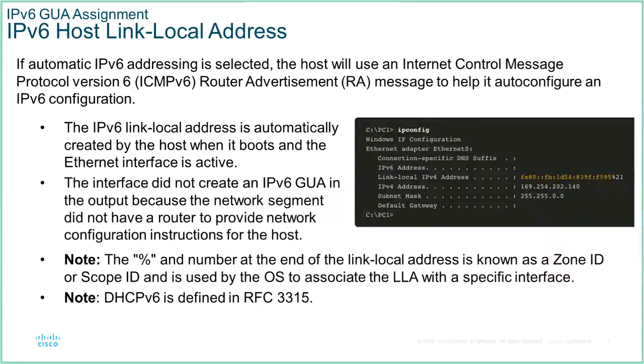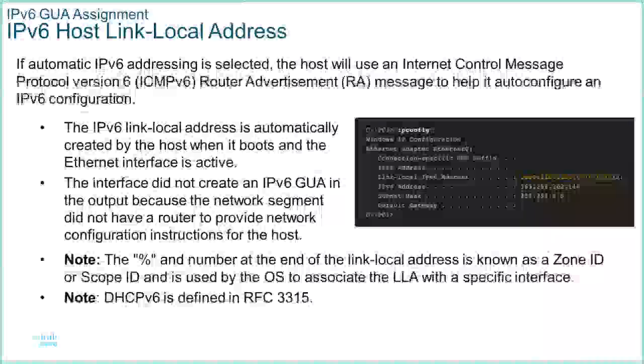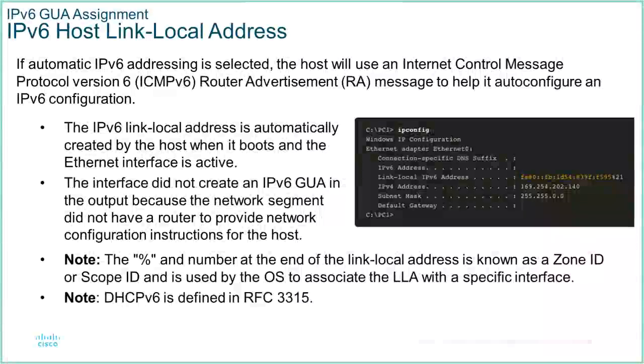And you can tell this link local address by its starting prefix of FE80. That indicates that it is a link local address, which means it's not routed. It's used for control messages within the local link.